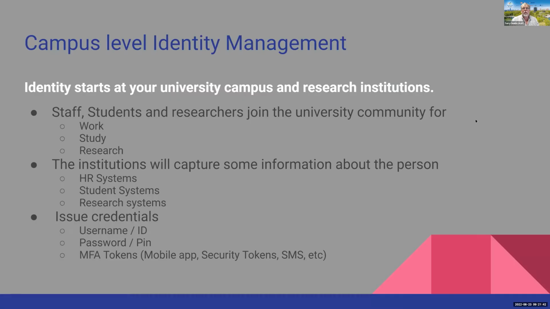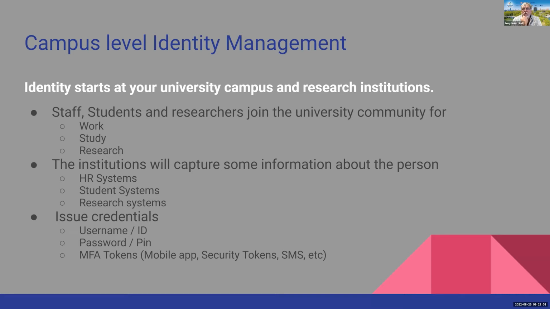Okay. So campus level identity management. Identity starts at your university campus and your research institutions. That's where users live, users work, users study, and they do their research there.